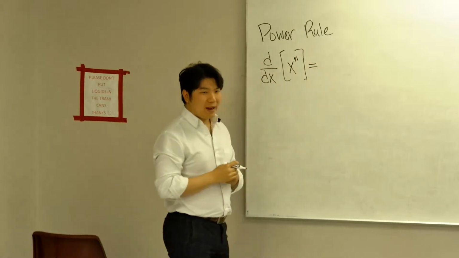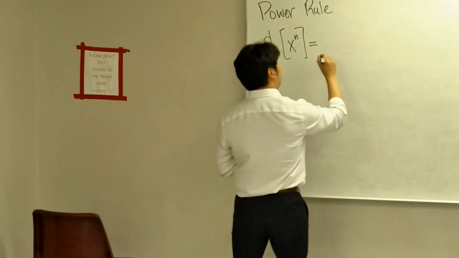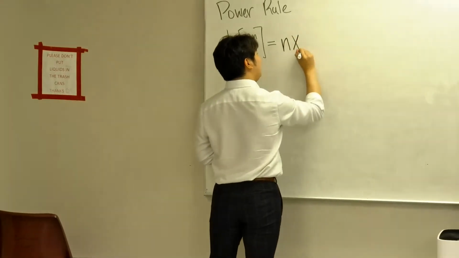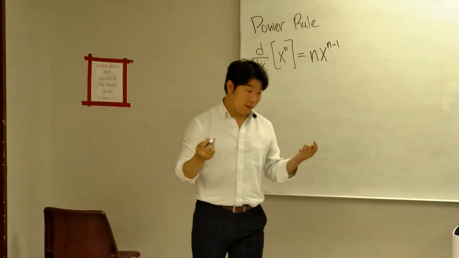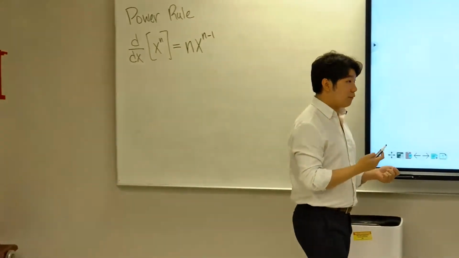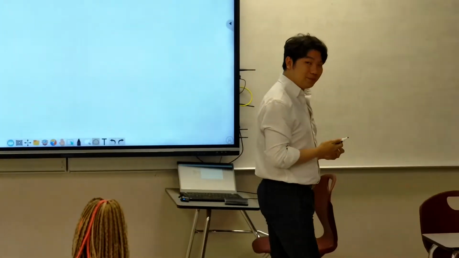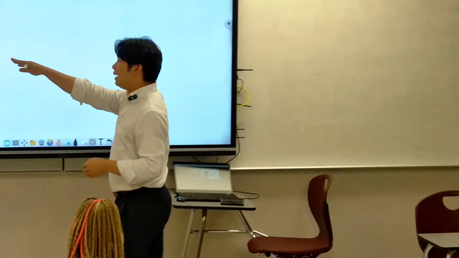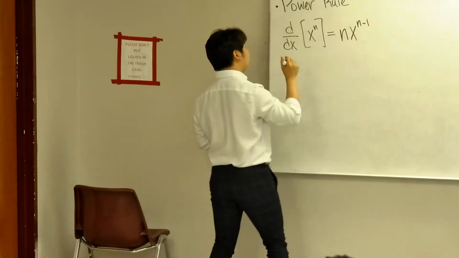What's the derivative of x to the n power? Yeah, n times x to the n minus 1 power. This was our first derivative rule and probably one of our most useful ones because we end up using it all the time. All right, so we've got the power rule. Put a little dot there.